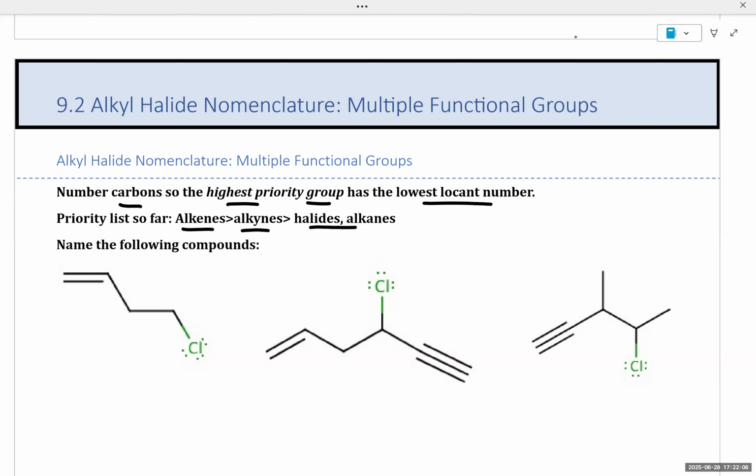So for example, if we're naming the following compound, we'd number this compound to give the alkene, the carbon-carbon double bond, the lowest locant number. So this would be named as 4-chloro-1-butene.